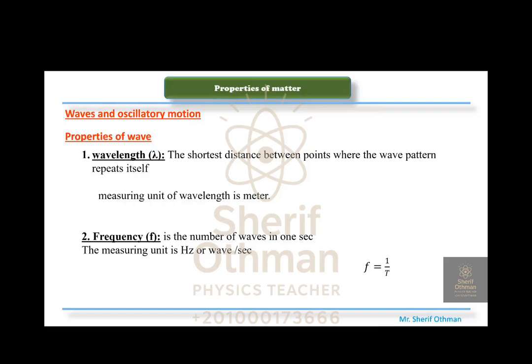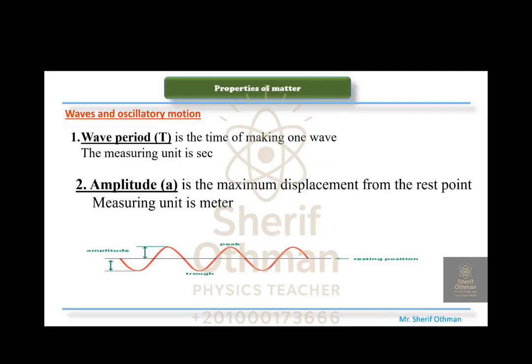The frequency has an inverse relation with the periodic time. As the periodic time increases, the frequency decreases. As the periodic time decreases, the frequency increases. So the periodic time is the time of making one complete wave and is measured in seconds. As we said, the amplitude is the maximum displacement from the rest point.